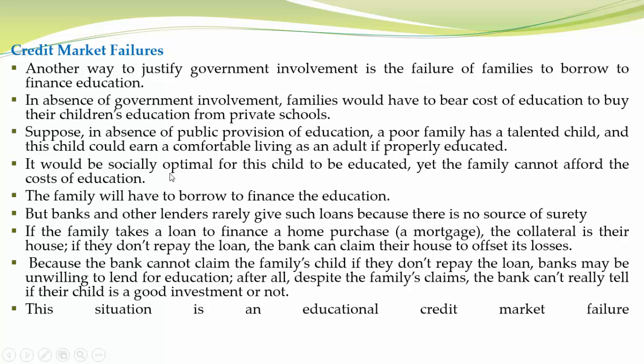It would be socially optimal for the child to be educated, yet the family cannot afford the cost of education. It is socially optimal, but it is difficult for the family to finance it. The family will have to borrow to finance education. But banks and other lenders rarely give such loans because there is no source of surety.